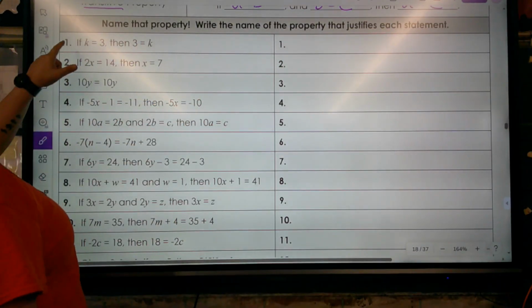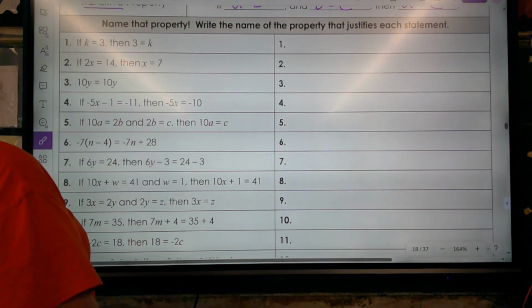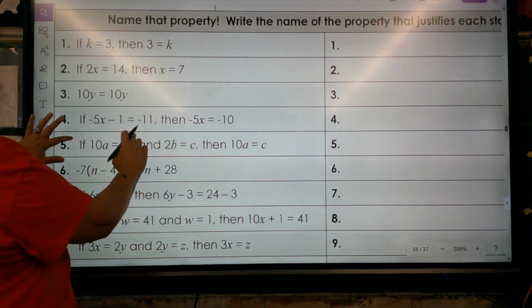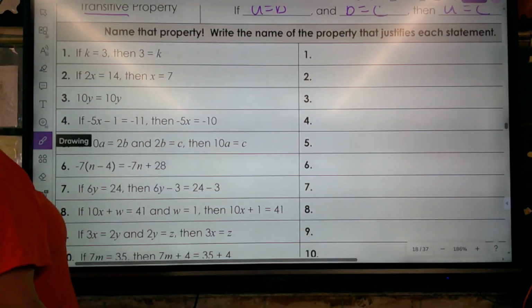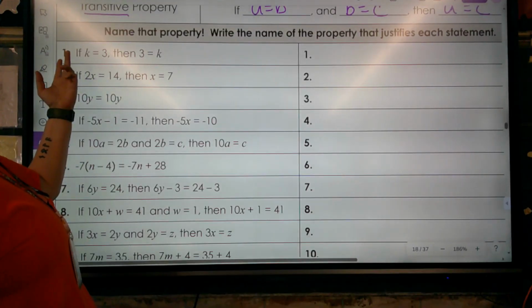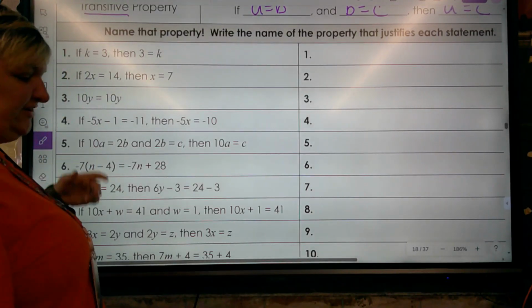So one says if k equals 3, then 3 equals k. What property is that? Symmetrical.